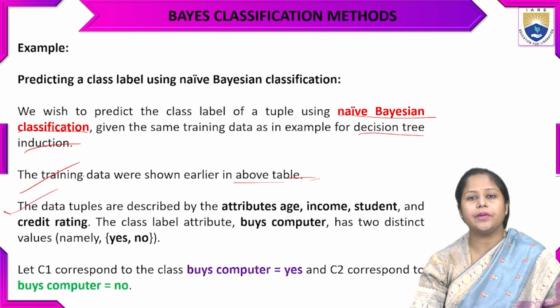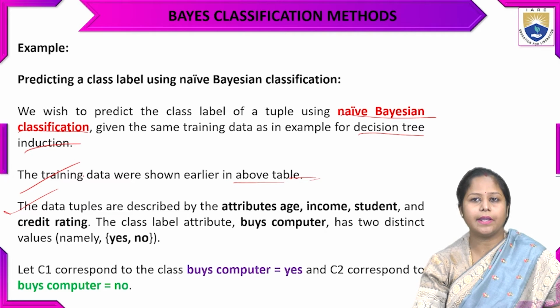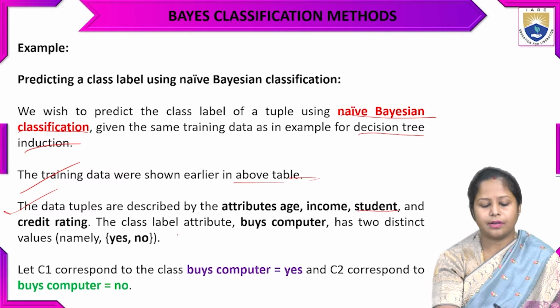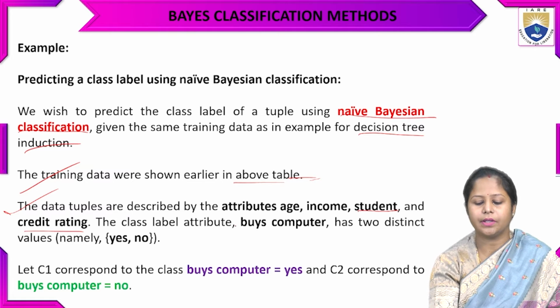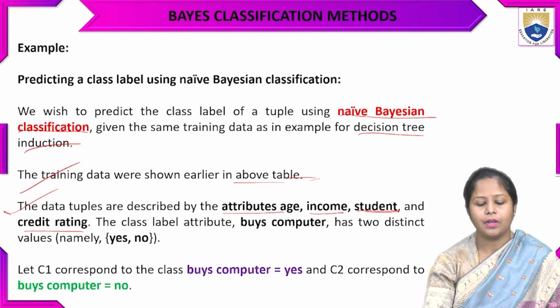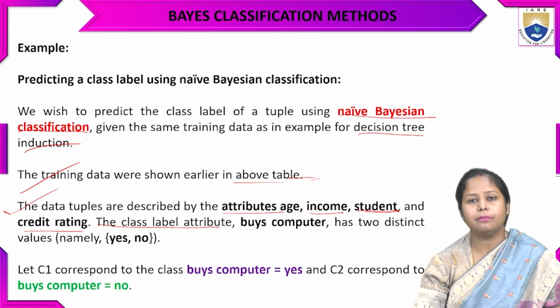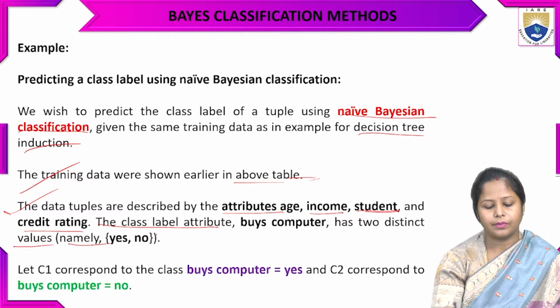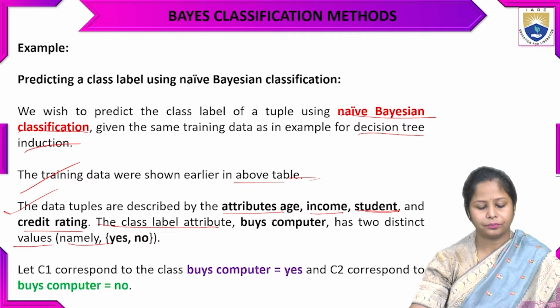The data are described by the attributes age, income, student, credit rating. These were their columns. The class label attribute buys computer has two distinct values, that is yes or no.